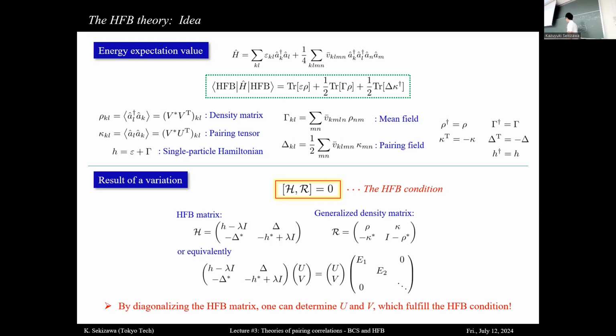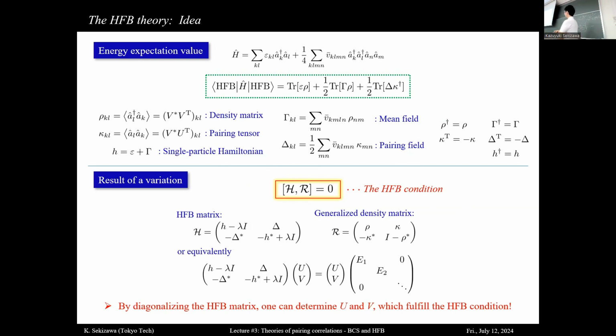So H is related to the single-particle Hamiltonian in the second quantized form, and rho is a density matrix, and they commute with each other. So this is the Hartree-Fock case. This is equivalent to the Hartree-Fock equation.